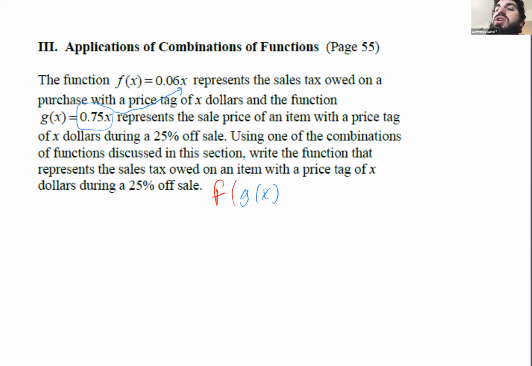So all I want to do is plug that in. So f, my outer function starts with 0.06, and then instead of writing x, I'm going to plug in my function g, 0.75x.